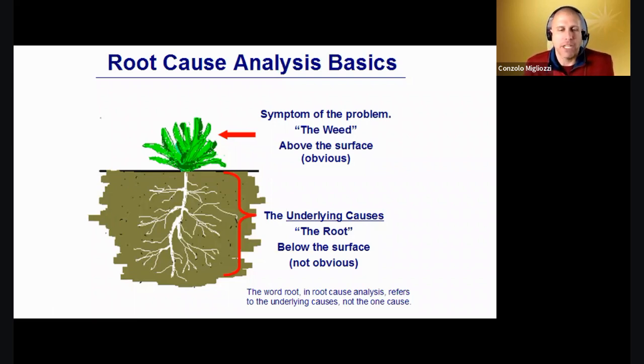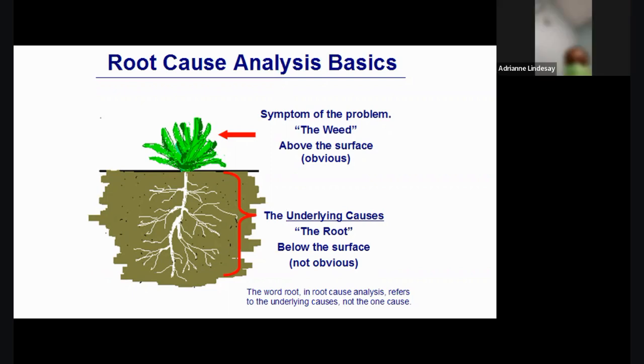For example, a patient falling at a nursing home is a symptom of an underlying cause, right? What might be the cause of that? It could be a lack of supervision.